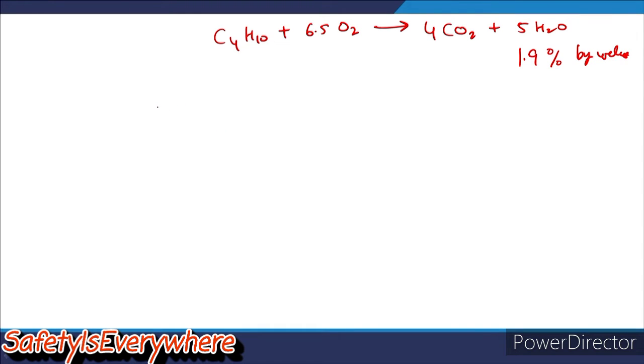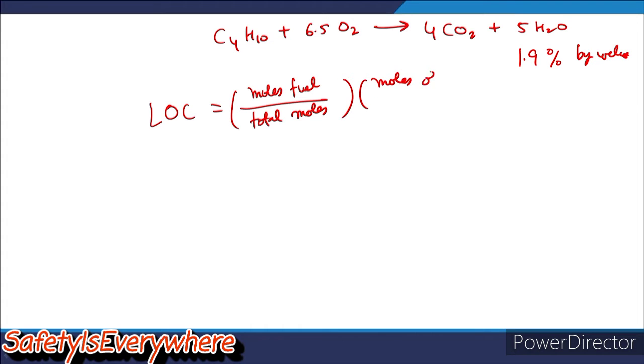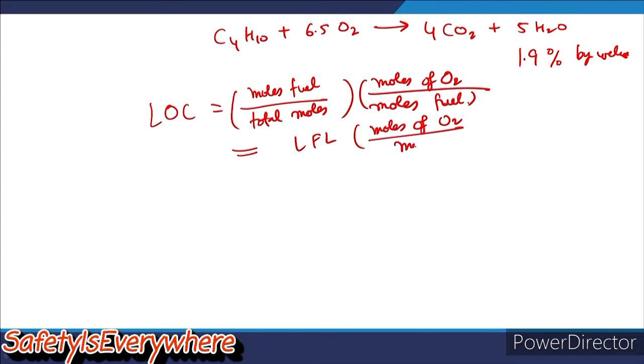From the stoichiometric equation, we can get the limiting oxygen concentration: LOC is the moles of fuel divided by total moles, times moles of oxygen divided by moles of fuel. Upon simplification, it is LFL times moles of oxygen divided by moles of fuel.